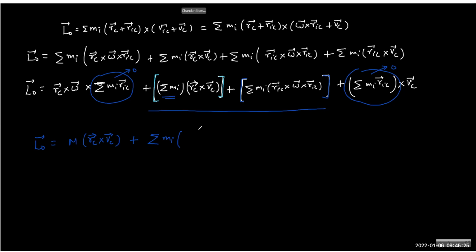So A cross B cross C is basically A dot C, all into B, minus A dot B into C. And again, if you don't get it, it's totally okay.